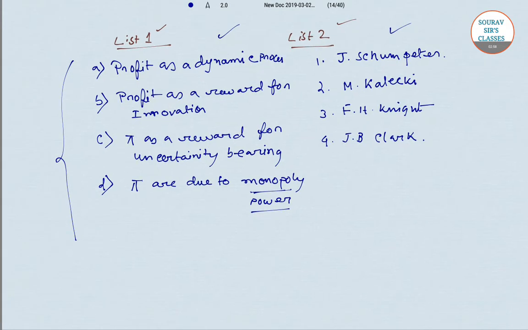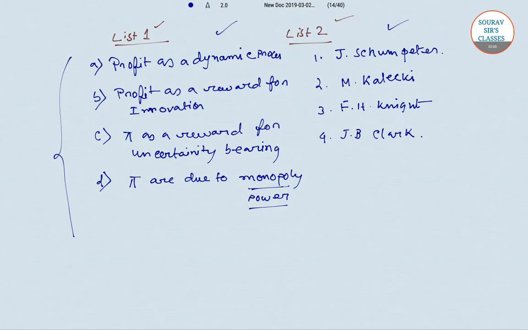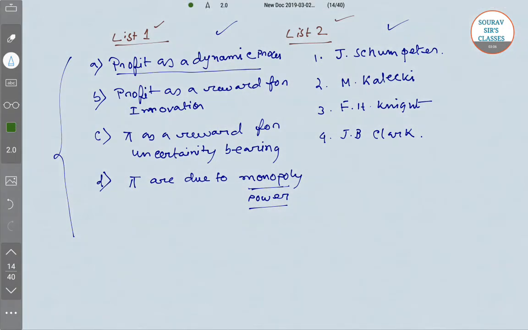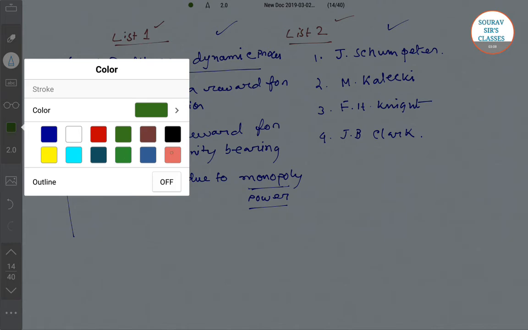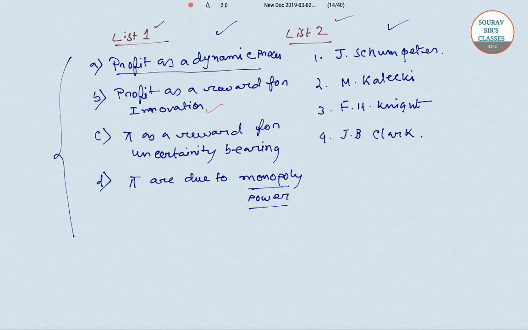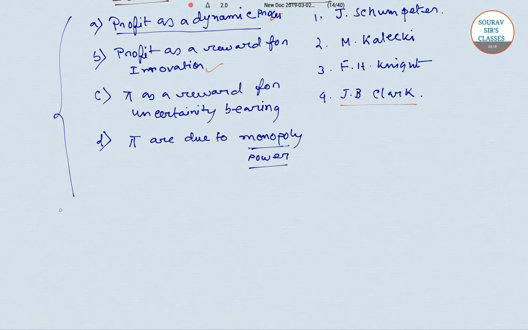So we know that profit as a dynamic process was given by whom? Now we'll start to explain the question. We know profit as a dynamic process was given by J.B. Clark. So we'll explain what is profit as a dynamic process.